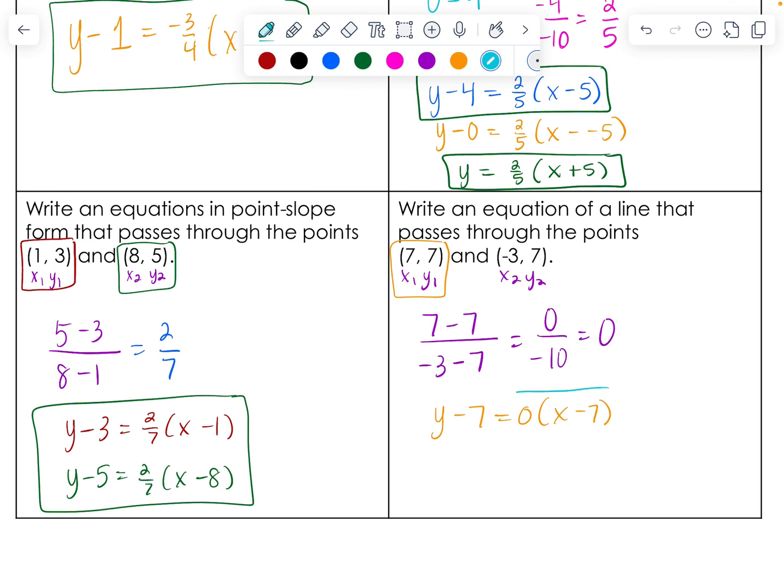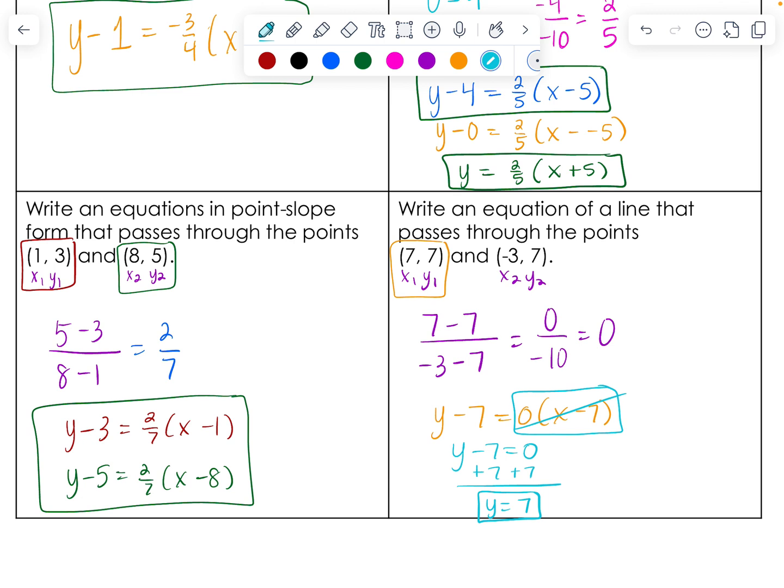Well, anytime you have 0 times something, that entire piece is going to go away. So that leaves me with y minus 7 equals 0. So if I were to add 7 to the other side to get y by itself, this is going to be that horizontal line of y is equal to 7.